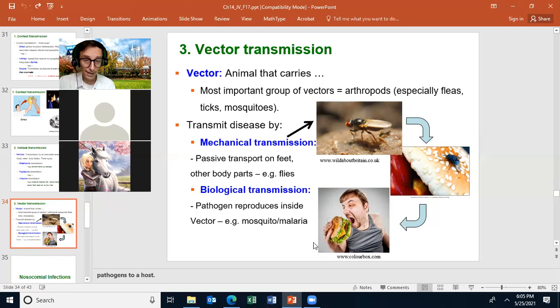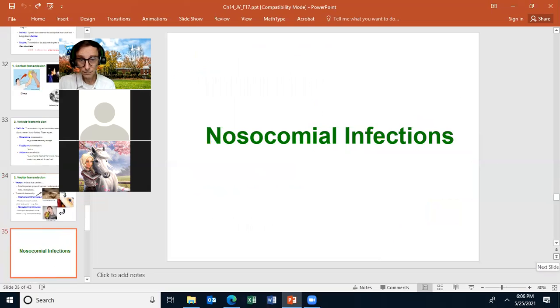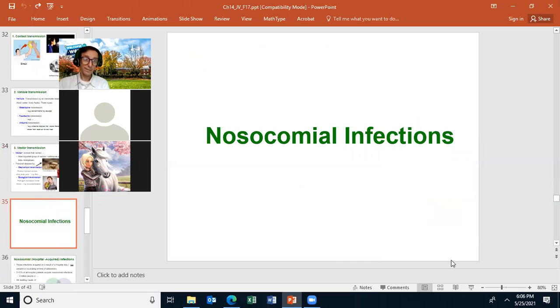A classic example of biological transmission is where malaria infects a mosquito, grows inside the mosquito, and then the mosquito bites the patient, spreading the malaria to the patient by biological transmission. Any question about vector transmission? If not, let's talk about nosocomial infections.